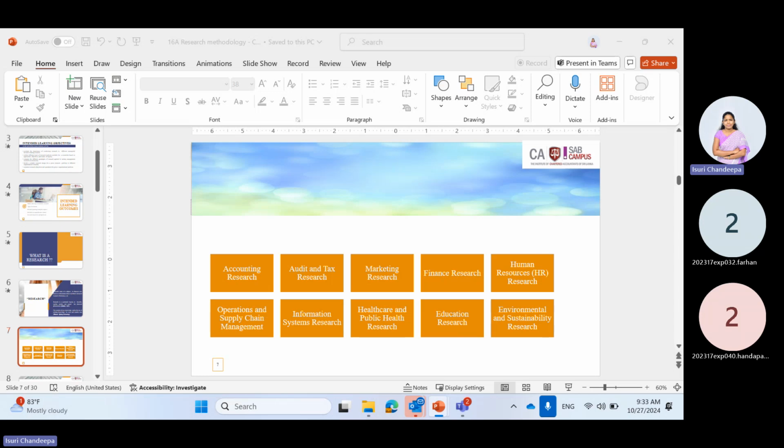Healthcare. Healthcare treatments. Okay. Investigation of healthcare treatments of the customers in our locality. Good. So what else? Healthcare.